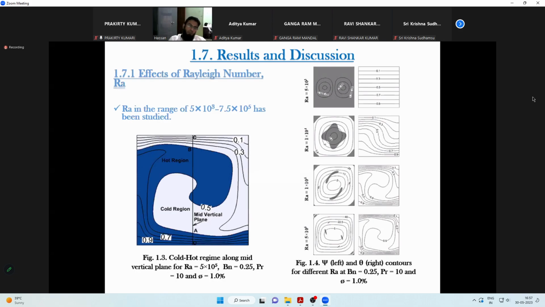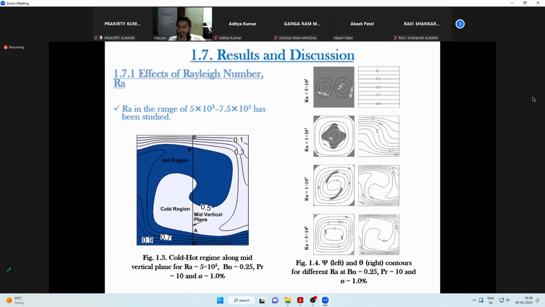If we are interested in understanding the effect of Rayleigh number, which represents the buoyancy effect, because it's a ratio of buoyancy effect to viscous effect, then Rayleigh number, varied from 5 into 10 to the power 3 to 7.5 into 10 to the power 5, is presented here in terms of the stream function and temperature distribution contours.